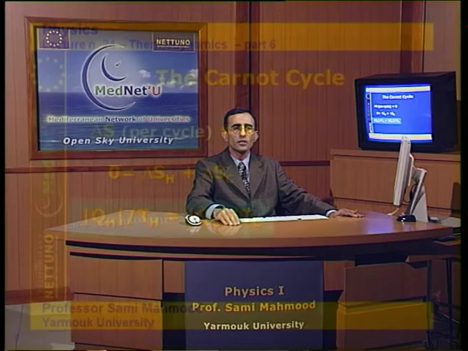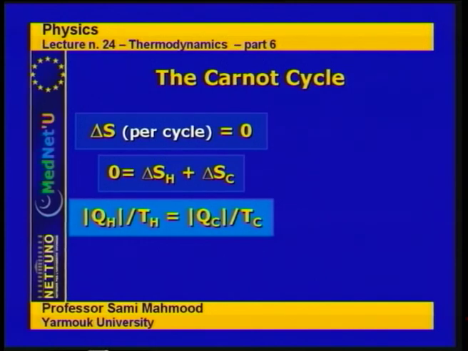And thus we arrive at the relation 0 is equal to minus Q sub H divided by T sub H plus Q sub C divided by T sub C. And then we just move minus Q sub H over T sub H to the other side of the equation, and we arrive at the important relation: Q sub H, absolute value, that's a positive quantity, divided by T sub H, that is the heat released by the high temperature reservoir divided by its own temperature, is equal to the heat absorbed by the lower temperature reservoir divided by its own temperature.